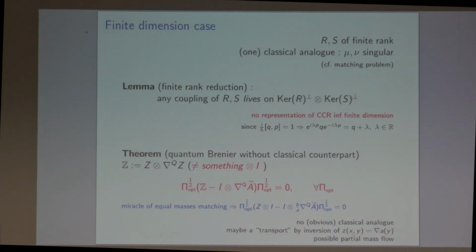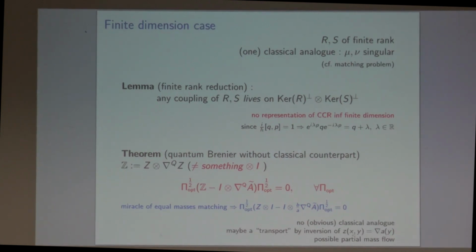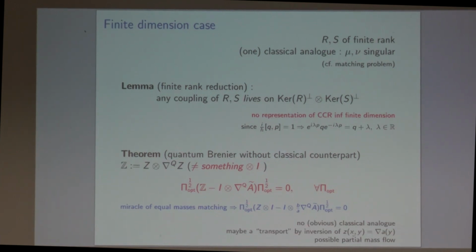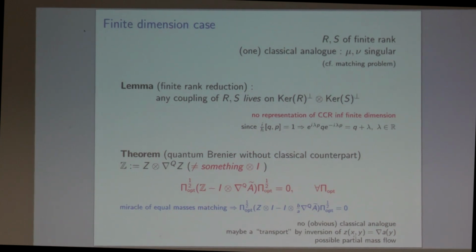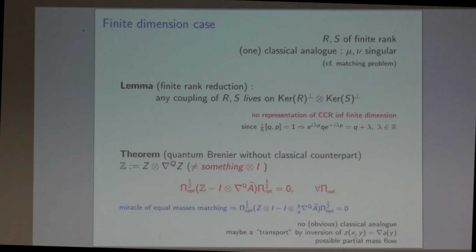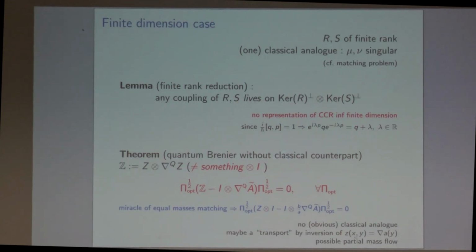So for this kind of very singular probability measure, you cannot find a transport. And here, in fact, you can find a transport. This is given by something like this now, and I have no time to develop here. But just the morality of this is the fact that in quantum mechanics, you can do something like this, although in the classical equivalent, you cannot do it. That is, you have a kind of quantum Brenier without classical counterpart.